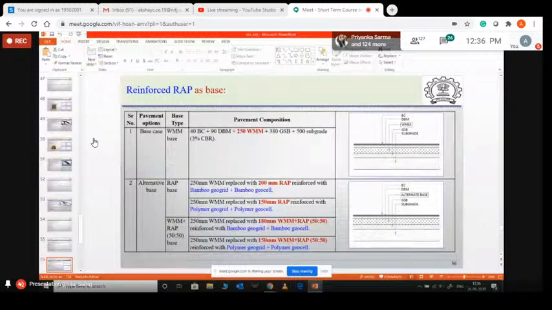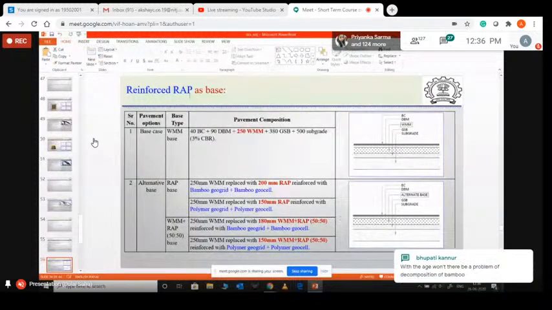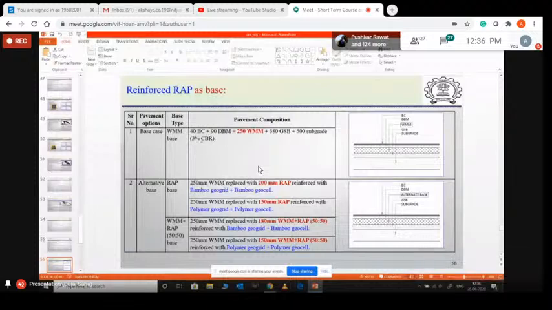Say for example, if I use reinforced wrap as base, then my combination was this one, for 10 MSA traffic, 3% CBR. This combination was taken from IRC37. And my base was the reference point. A 250 millimeter base was required. Now, keeping everything same, I tried to reduce this base material by using reinforced wrap as base.